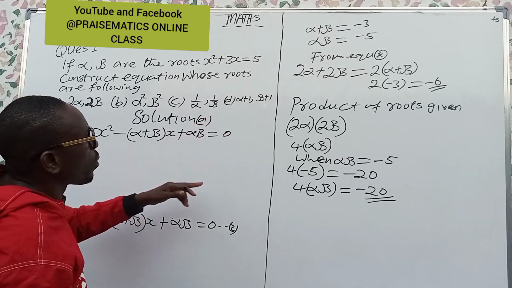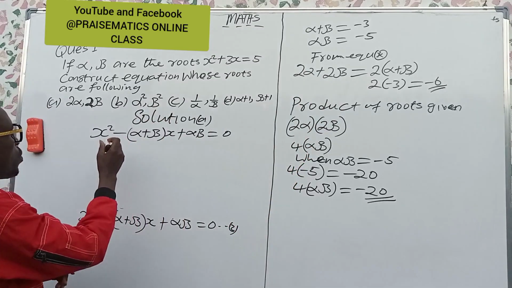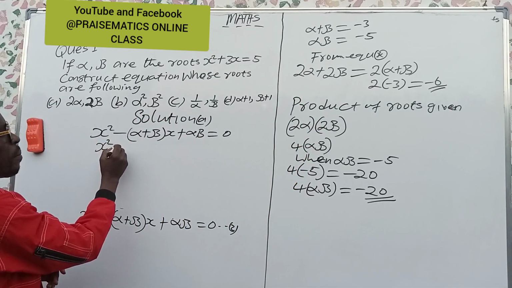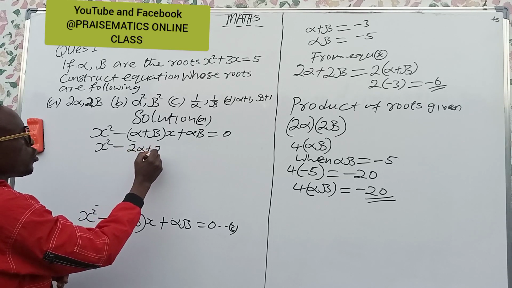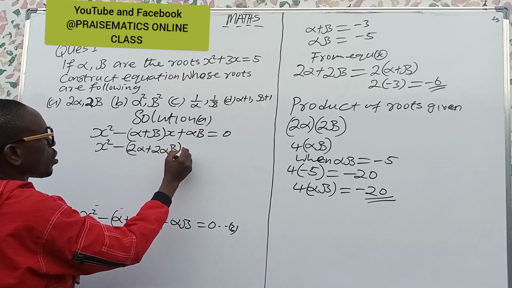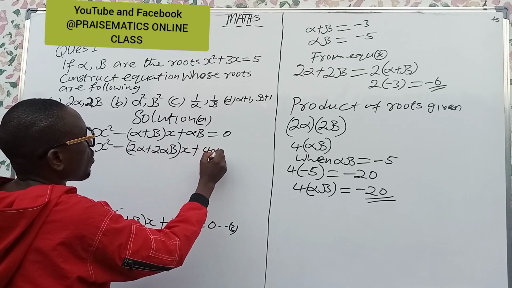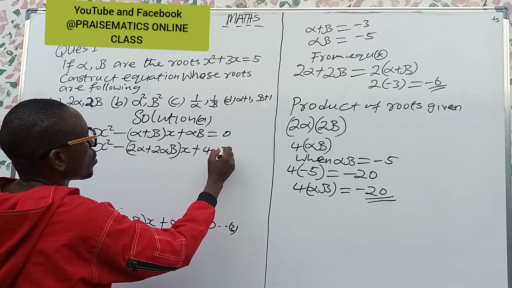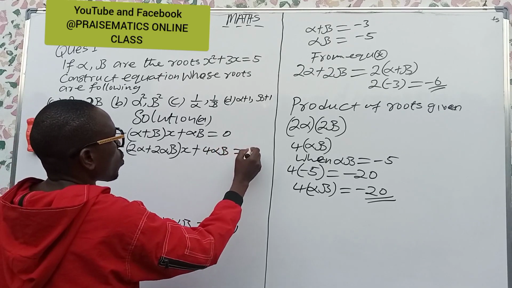The new equation is x squared minus (2 alpha plus 2 beta) x plus 4 alpha beta, which is equal to 0.